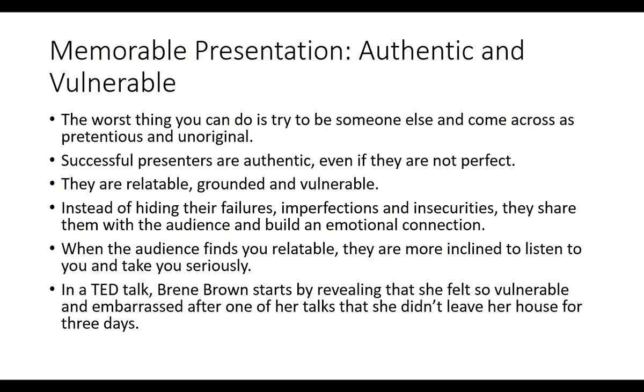Okay, so for example, in a TED talk, Brené Brown, I don't know who she is. Okay, but this girl, she started revealing that when she came up on the stage for her first talk, she was very embarrassed. Okay, and then later on, after giving the first talk, she did not leave her house for 3 days.